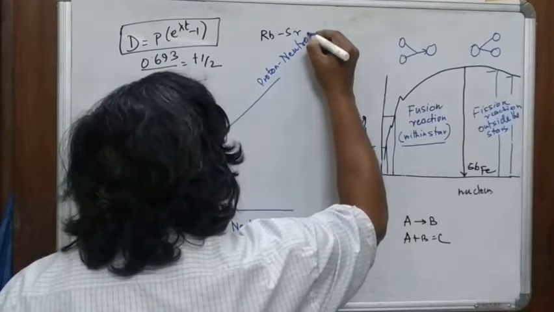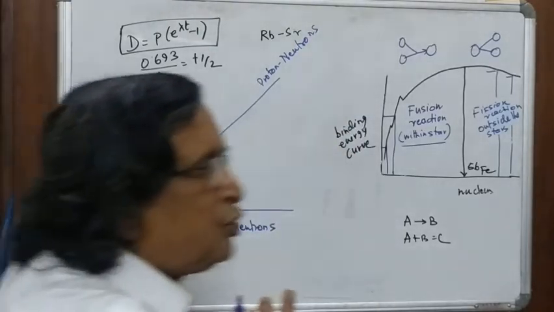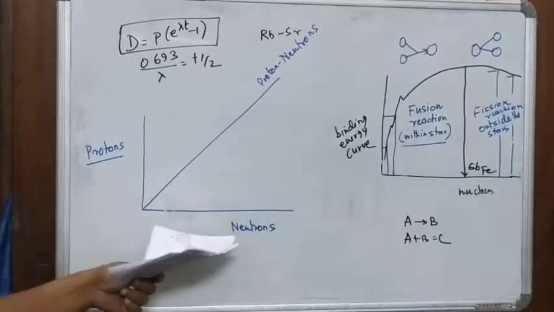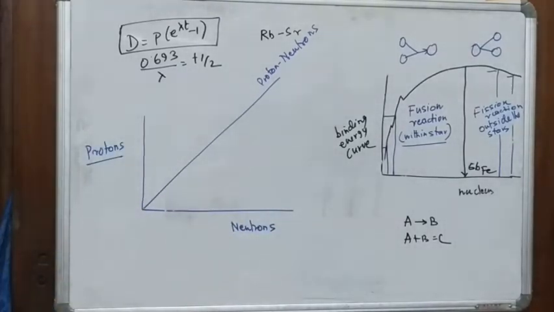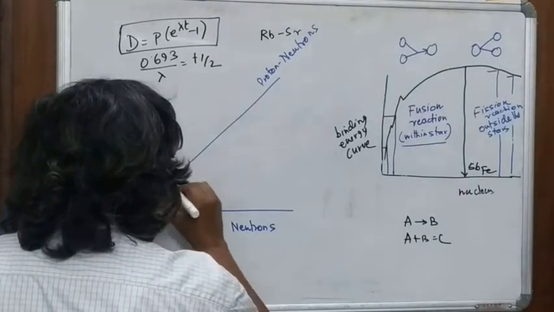If you draw a line with the number of protons equal to the number of neutrons, but if you draw what is existing, the number of protons and the number of neutrons, then you will see the graph looks like this.